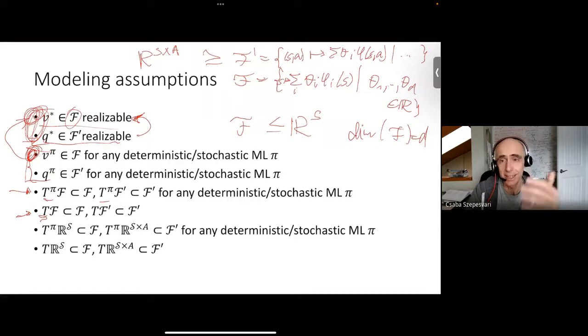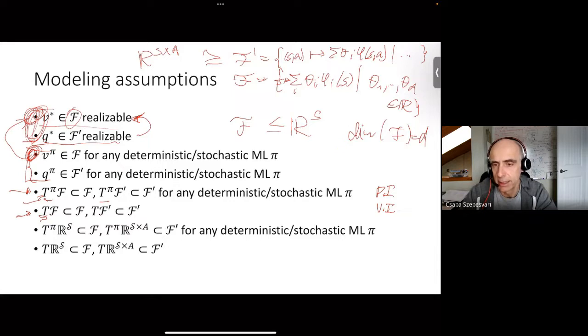Policy iteration, on the other hand, uses the policy evaluation operator under the hood because it calculates fixed points of that. So the previous assumption is a good friend of policy iteration type algorithms. So this is PI friendly. This is VI friendly.